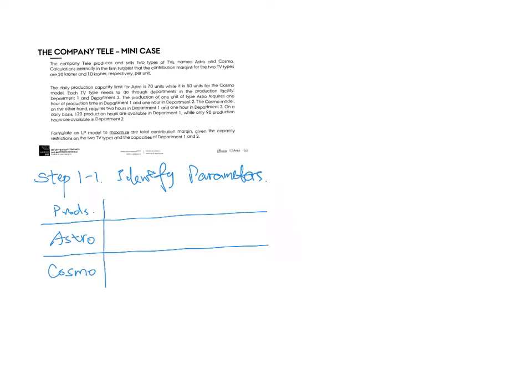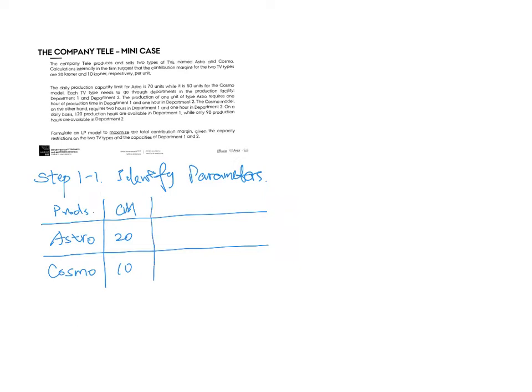In the first paragraph, we can see the contribution margin, or sometimes we can call it profit or price. The contribution margin for Astor is 20 kroner each. Of course, it's an artificial example, it cannot be so cheap. Cosma is 10 kroner each unit.